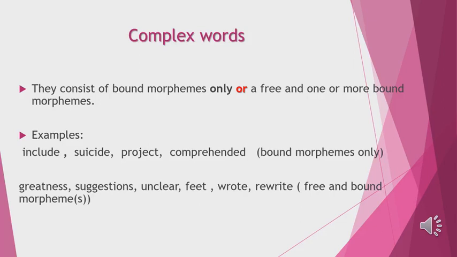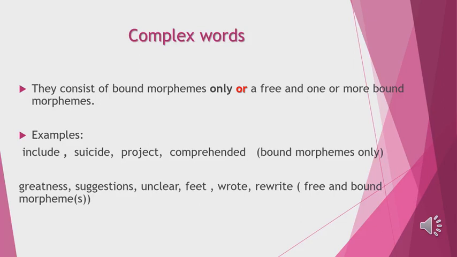Feet is also a complex word because it consists of foot plus s plural, so it is a complex word. Wrote is also a complex word. It consists of write plus ed past, so here the word is called a complex word because we have a free plus a bound morpheme.